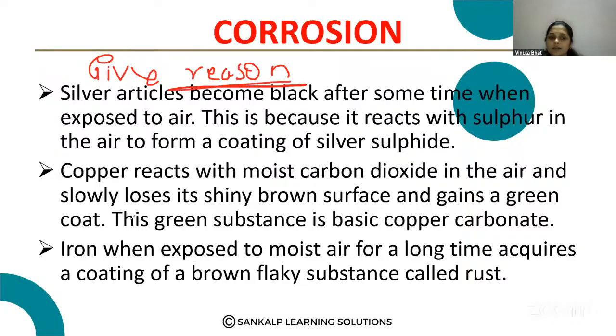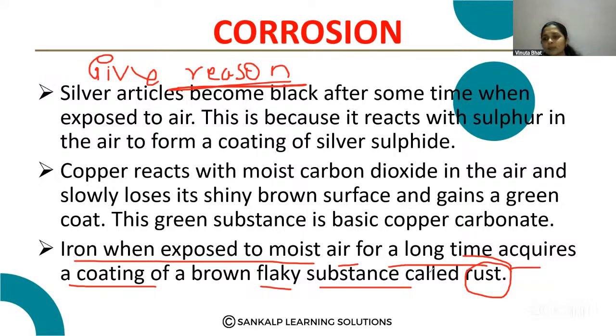And iron, when exposed to moist air for a long time, acquires a coating of a brown flaky substance called rust. So rusting of iron you may commonly have observed. When we keep iron substances or iron equipment outside, or in the rainy season, the brown colored substance formed on the iron articles is nothing but rust.